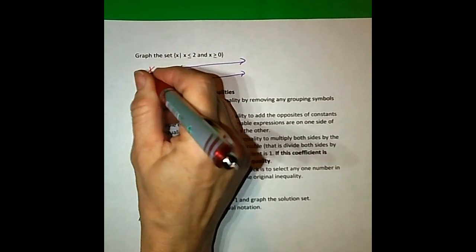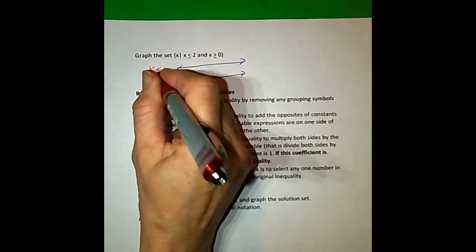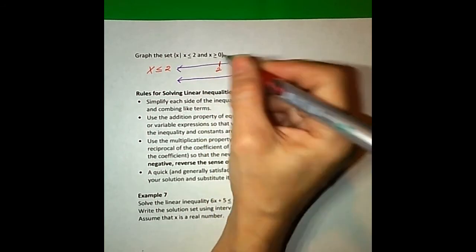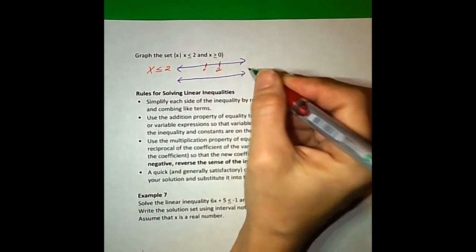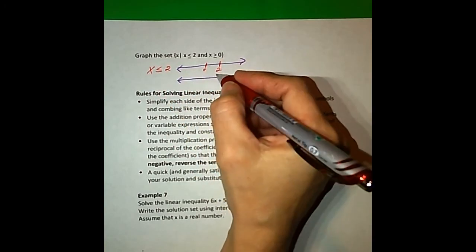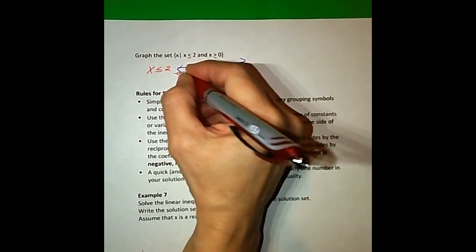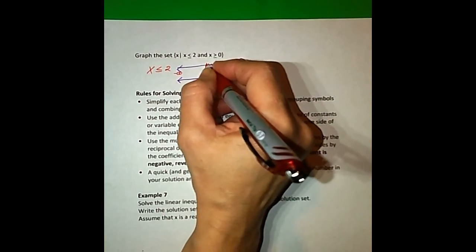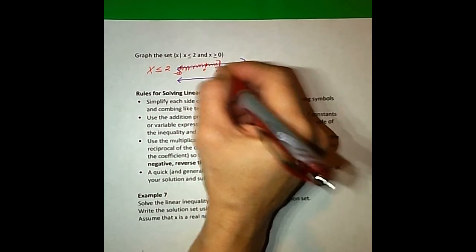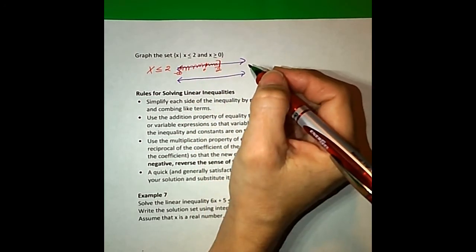My first number line is going to be x is less than or equal to 2, so I'm going to plot 2 here. It's positive. If you want to put a 0 on there so you know that you put it on the right side, then I would. If it's less than 2, then that means we're going off to negative infinity, right? And it has the equal to sign on it, so I know I'm going to put a bracket, right?